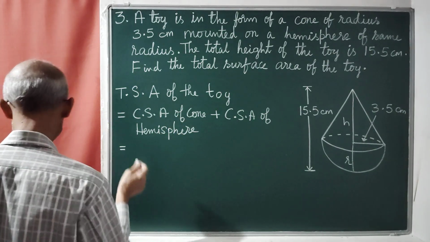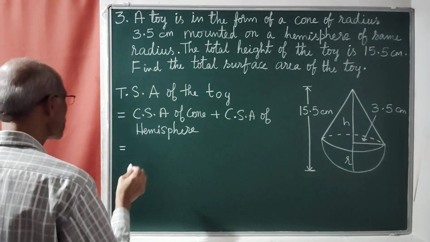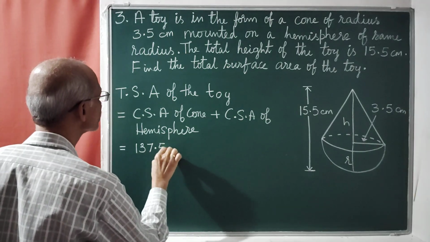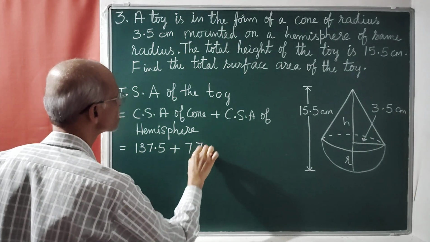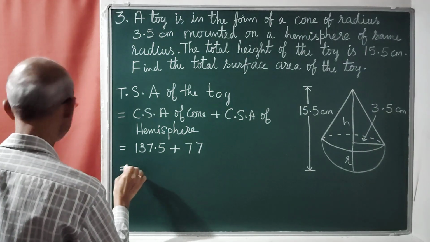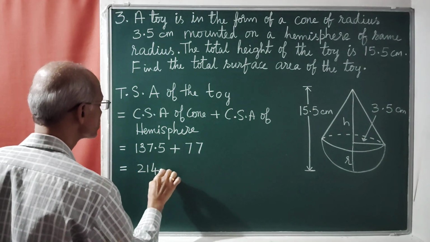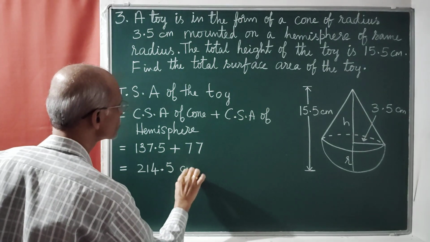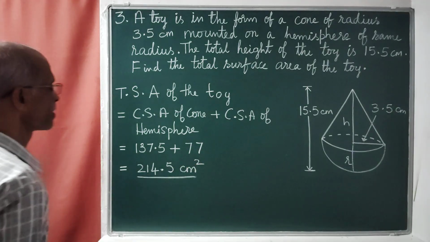That's equal to 137.5 plus 77, that's equal to 214.5 centimeter square.